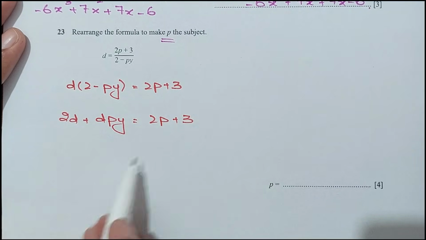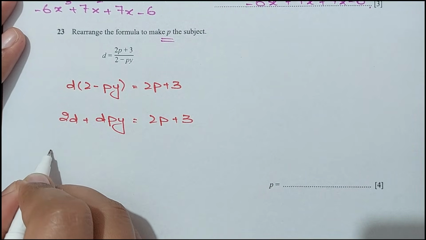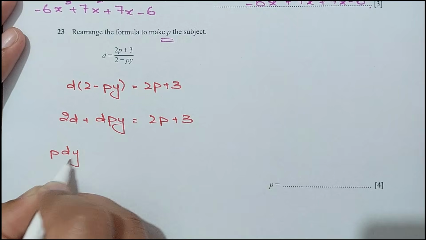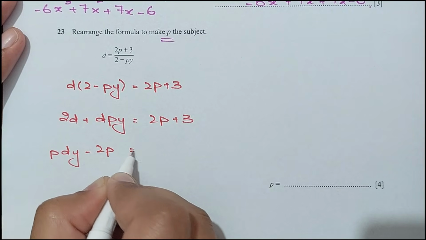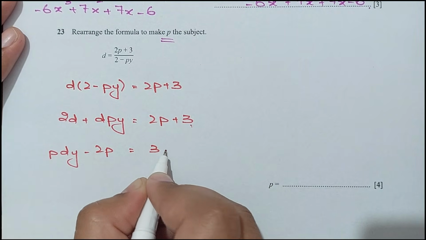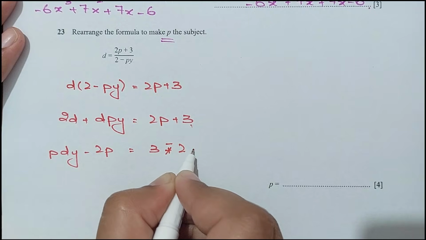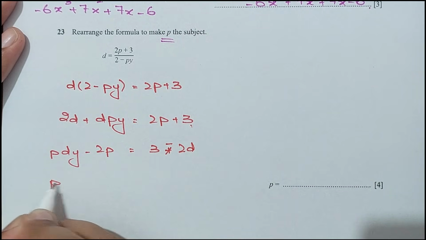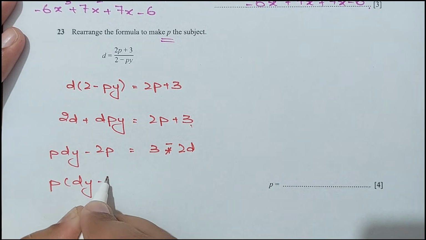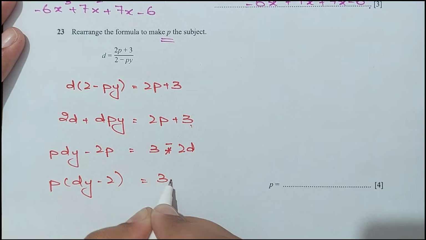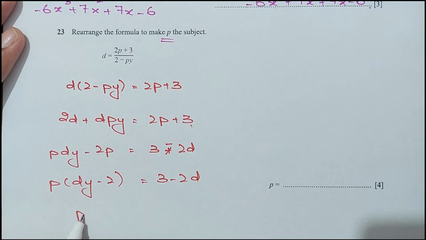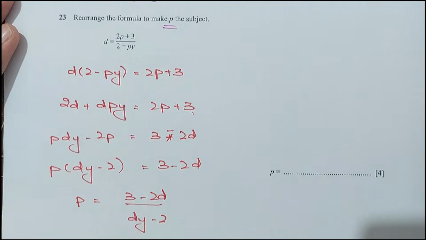We have to make p the subject, so combine the p terms. P with dy minus 2p is equal to 3, and shift this to the other side, minus 2d. P is common, dy minus 2 equals 3 minus 2d. P would be equal to 3 minus 2d over dy minus 2.